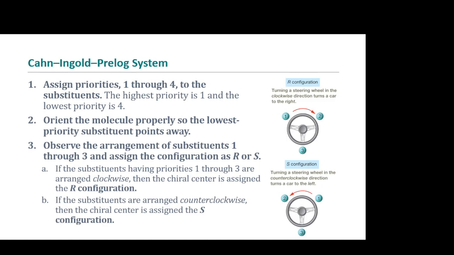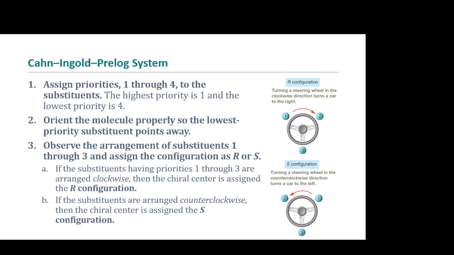Okay, so this is the Cahn-Ingold-Prelog system. That's probably the last time you'll ever actually hear it referred to with its full name. From now on, you're probably always going to hear it as what type of stereocenter or what type of chirality. Nobody will probably ever use the name again. So we assign the priorities to the atoms surrounding the stereocenter, 1 through 4, to those substituents.